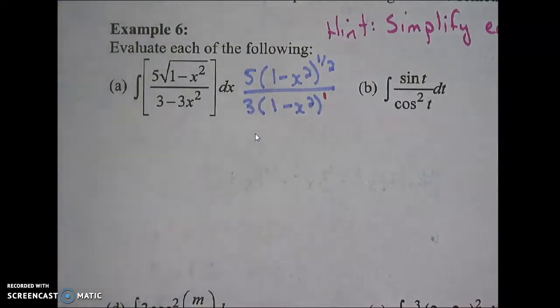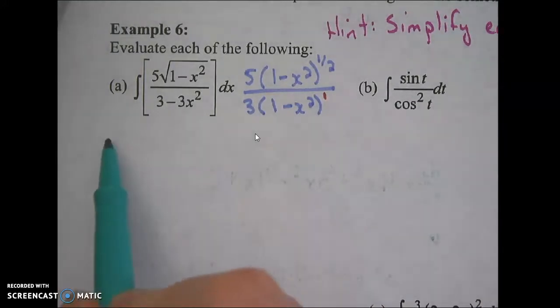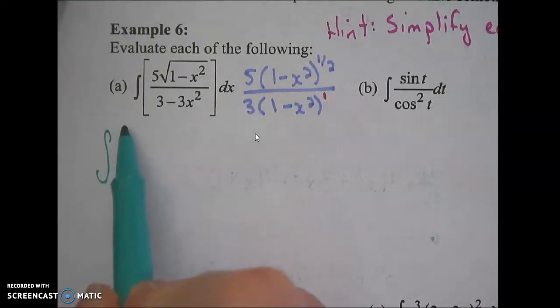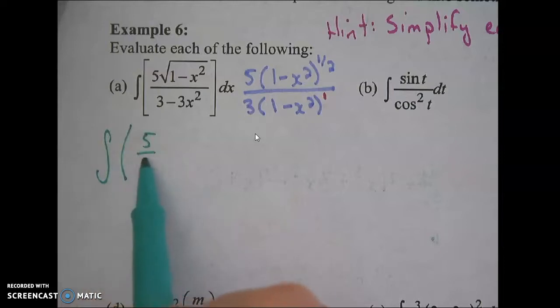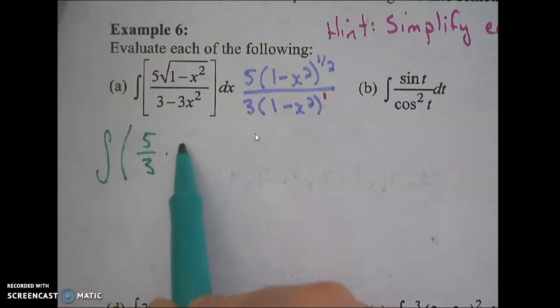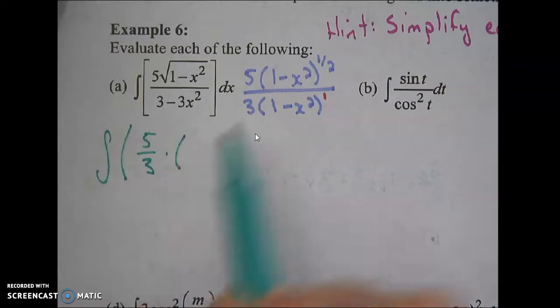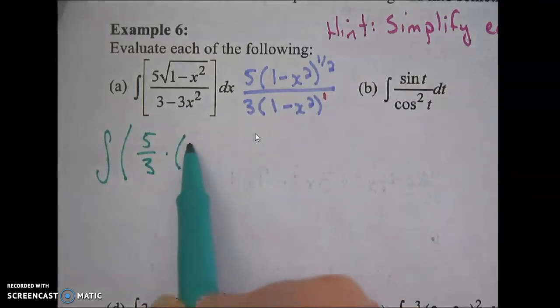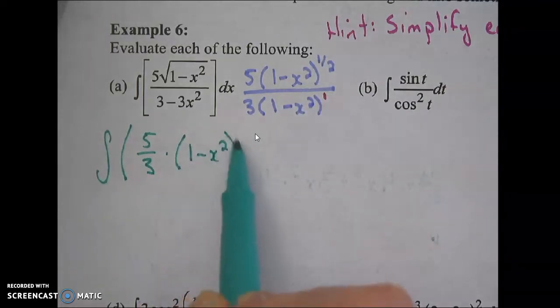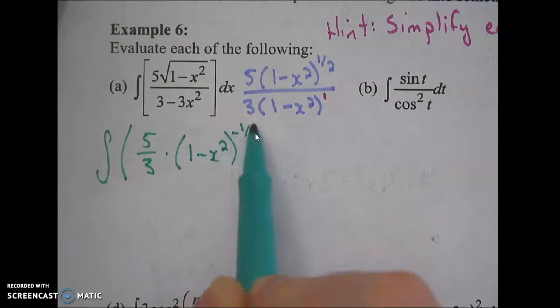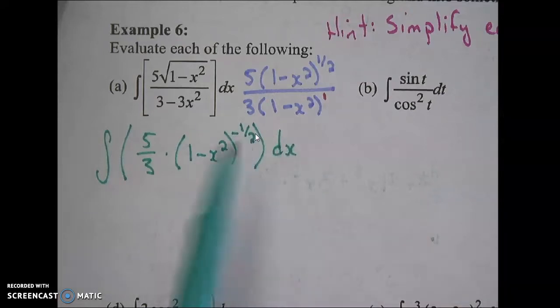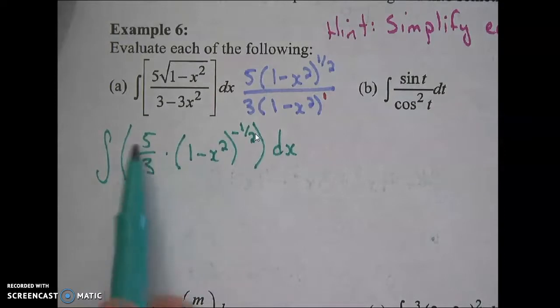So we're going to end up with the integral of 5 over 3 times, this is going to be 1/2 minus 1, so that's a negative 1/2, dx, and that's a constant, so I don't care about that.